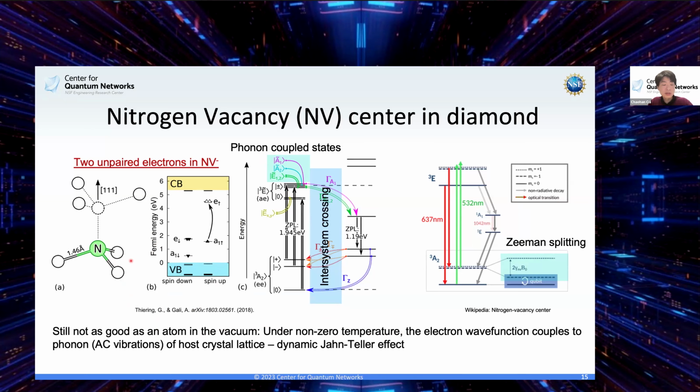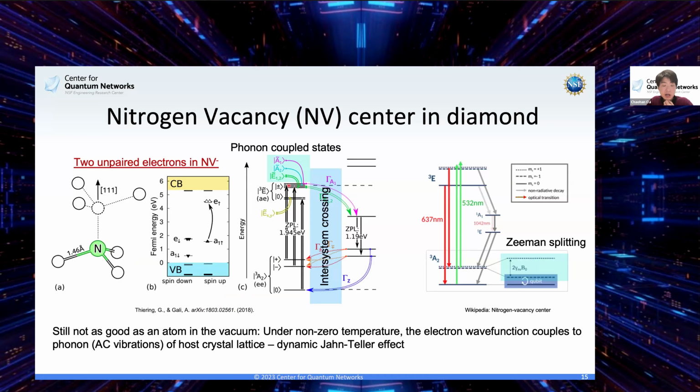The physics term to describe that is the dynamic Jahn-Teller effect, which will create phonon coupled states, so there will be tiny gaps in those states determined by the phonons hosted by the material.